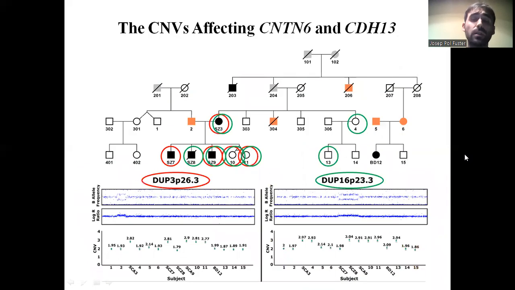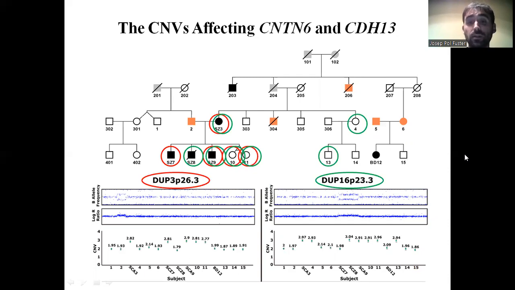But this was not the only variant identified in family members affected by psychosis in this nuclear family. We were also able to identify 2 duplications affecting 2 interesting candidate genes. In this case, these duplications were also present in some healthy individuals of the family. MACF1 was only present in the affected members of the nuclear family.